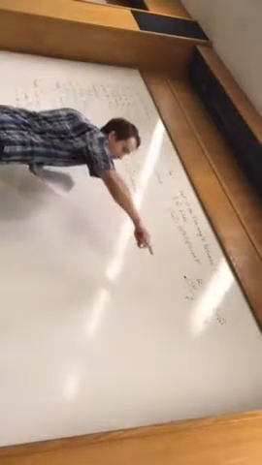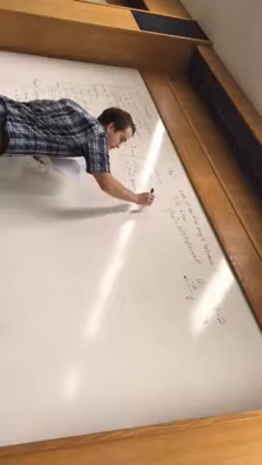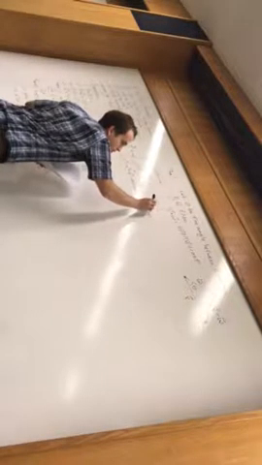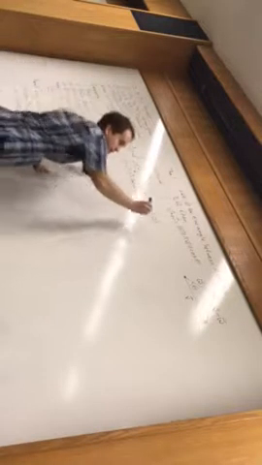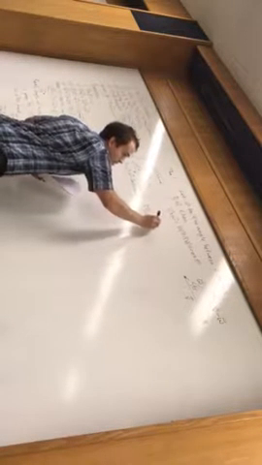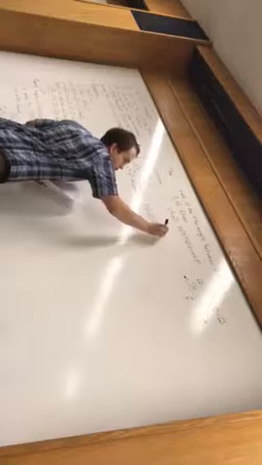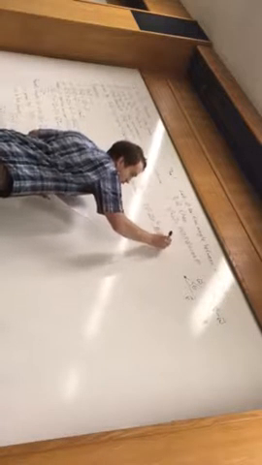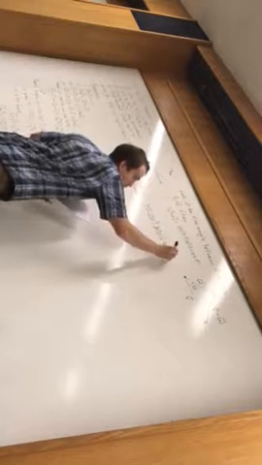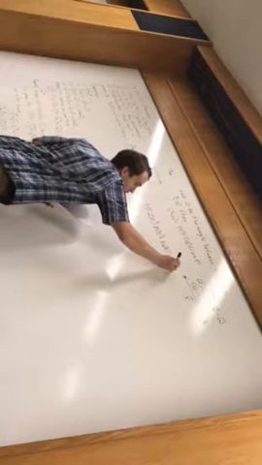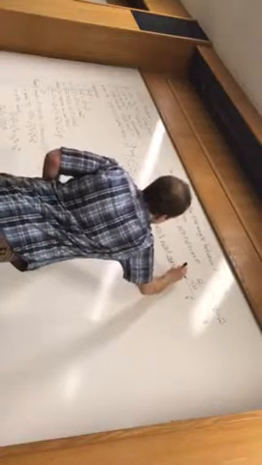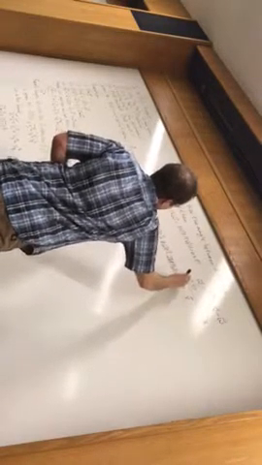And so, what can we set up right away from the law of cosines? We get that the length of v minus w squared, that's c squared, is equal to the length of v squared plus the length of w squared minus 2, length v, length w, cosine of theta.